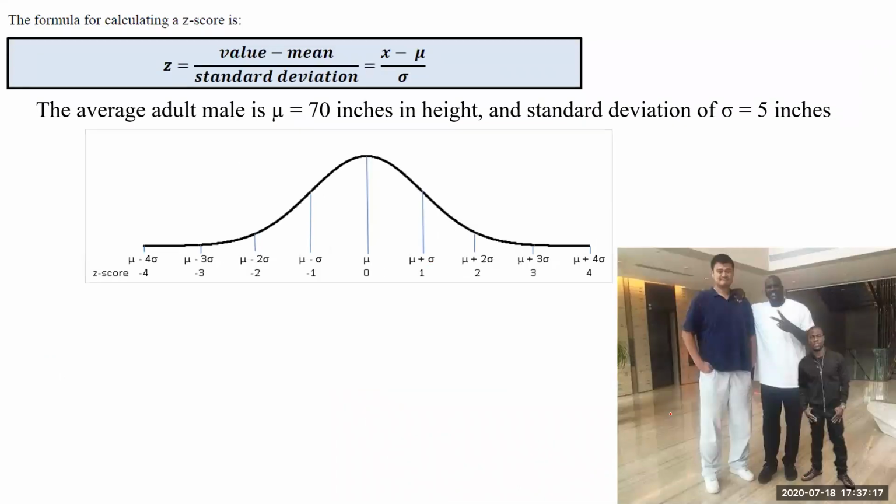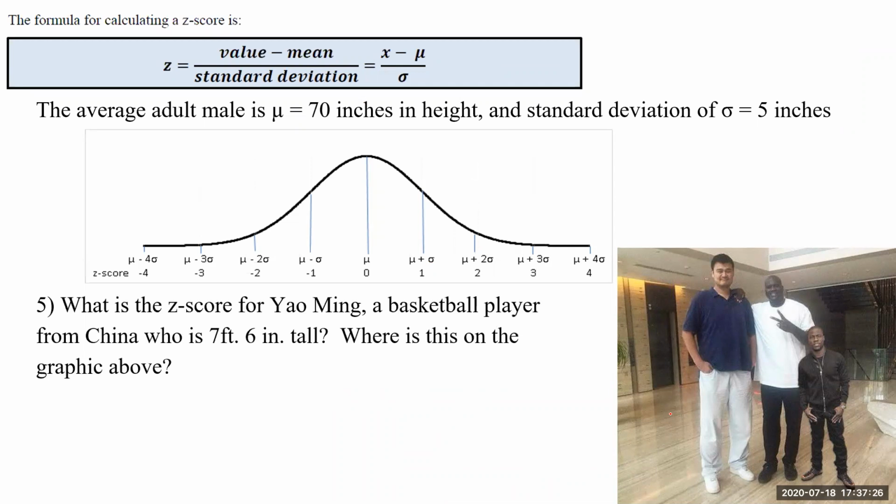All right, so we have these 3 gentlemen, right? Do they look familiar? Okay, so what is the z-score for Yao Ming, a basketball player from China who is 7 foot 6 inches tall? Where is this on this graphic above? Okay, so you have to change this into inches, right?